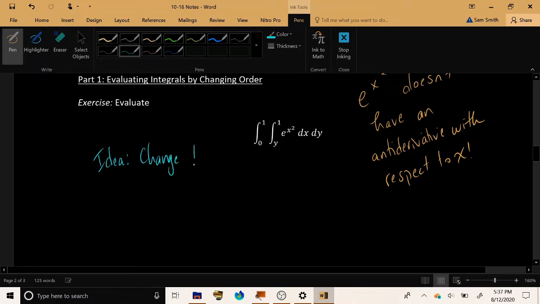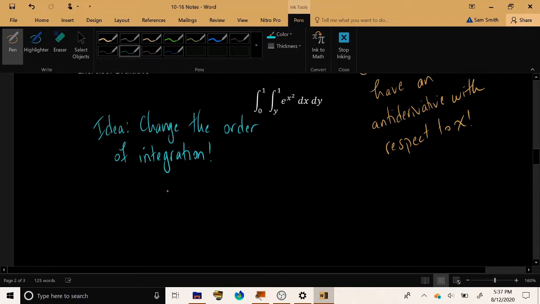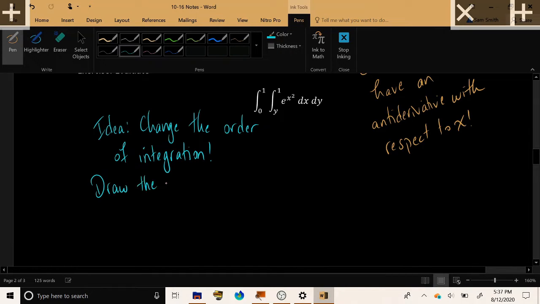Change the order of integration. Which means that we are going to need a pretty good idea and a drawing of what the region of integration looks like. Let's draw the region R.